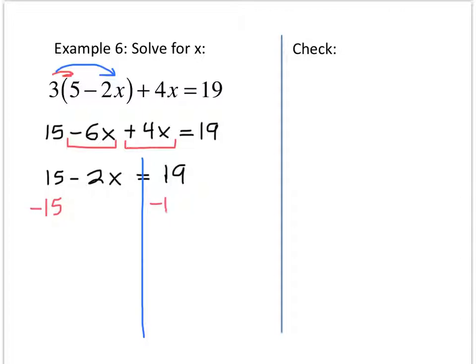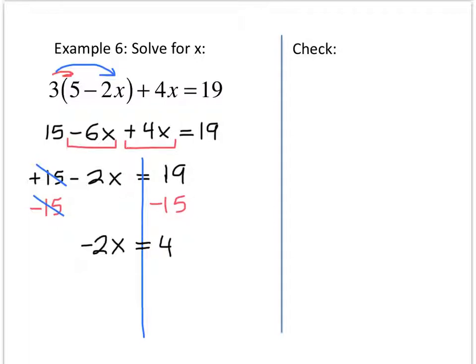So I'm going to take away that 15 from both sides. And if you want, you can even put a plus in front of it if there's nothing there, so that you recognize that really there's kind of an imaginary addition. So this leaves me with negative 2x equals a positive 4.